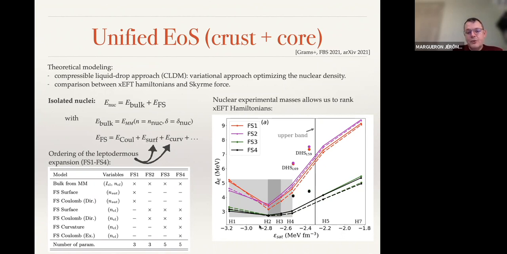And then you realize that, for instance, the Hamiltonians H2 and H3 are among the best ones. H1 and H4 are not bad, but then H5 and H7 are getting worse. Because of that, in the rest of the presentation and the papers, we decided to identify H1 to H4 as good Hamiltonians, confirmed by the confrontation to finite nuclei.